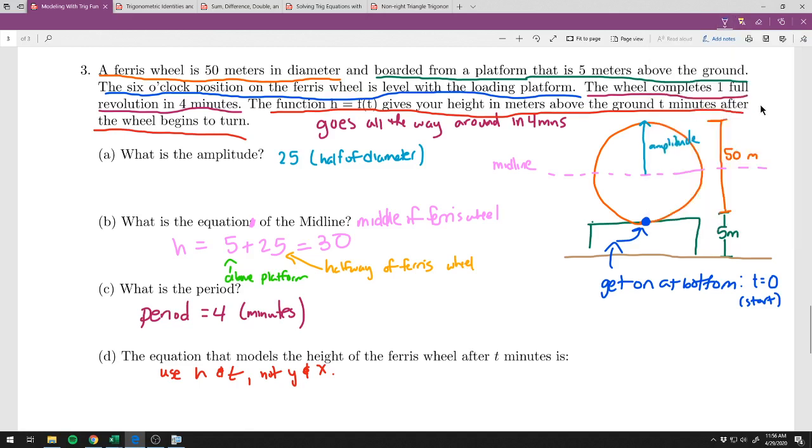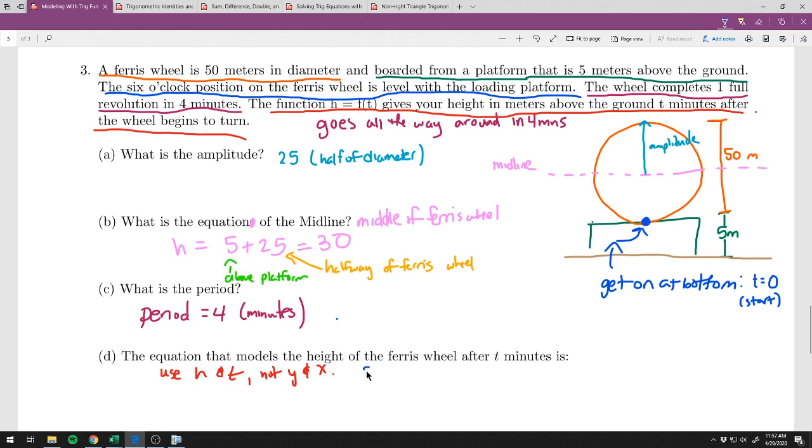Okay, now finally, the last part. To form our equation, you'll notice the amplitude is A, the midline is D, the period is related to B. I'm not going to write that in here because I don't want to cause any confusion. I'll write it below. But what you want to realize is where we're getting on is telling us what equation to use.